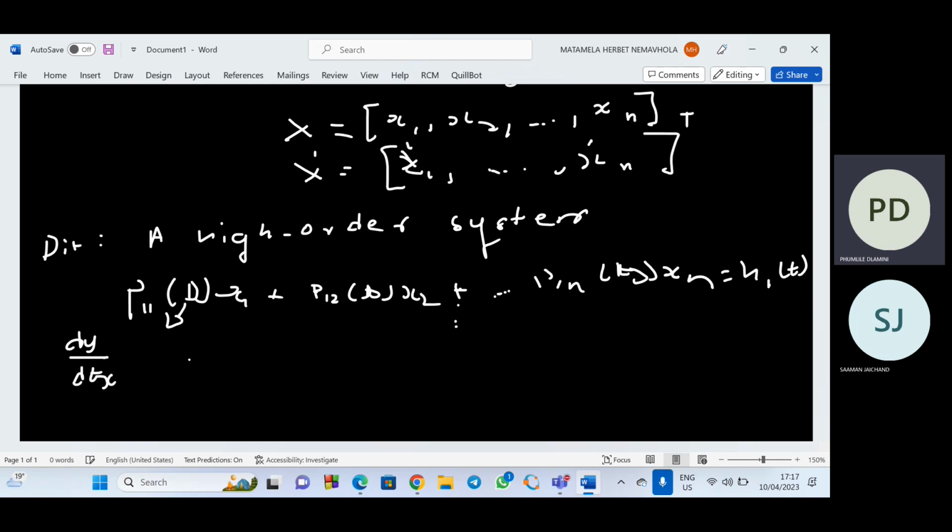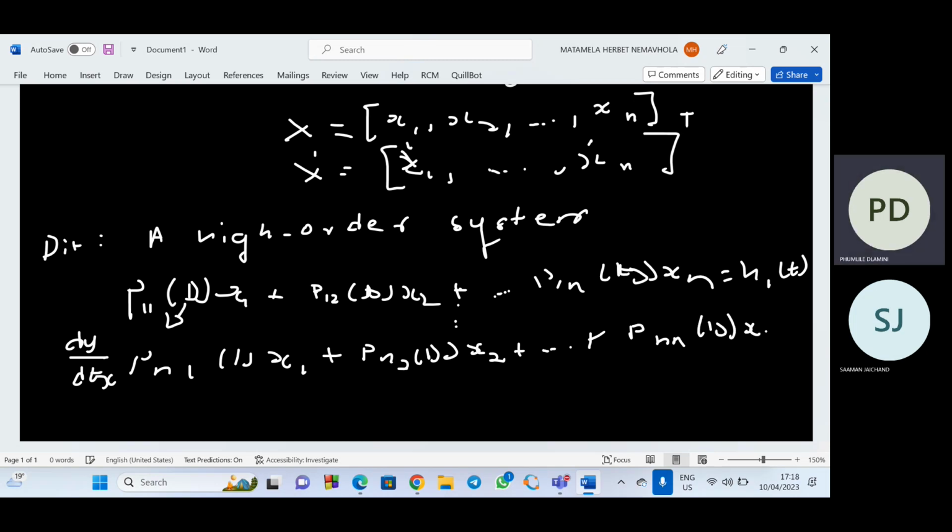Then we are going to end up having Pn1 of D x1 plus Pn2 of D x2 plus until it goes to Pnn of D xn, and this is going to be equal to hn of t.